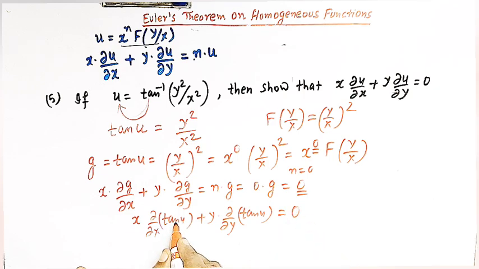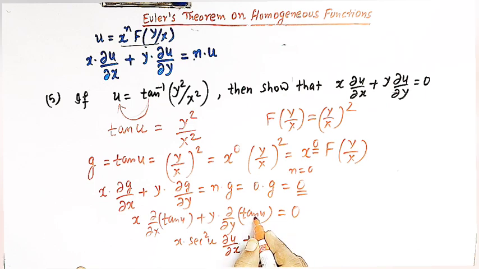So now differentiating tan u with respect to u, and then by chain rule we have x, here we have secant square u, the derivative of tan u with respect to u is secant square u, and then we have del u over del x plus y times, again differentiating tan u with respect to u, the derivative is secant square u, and then we have del u over del y is equal to 0.